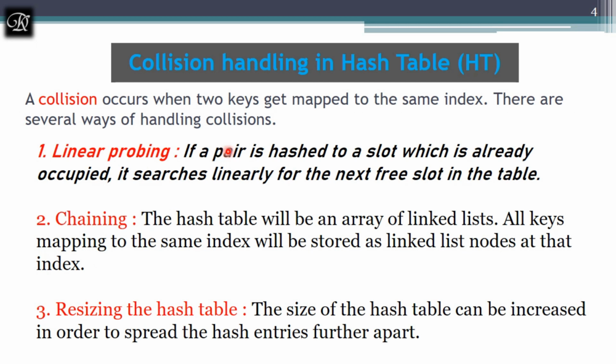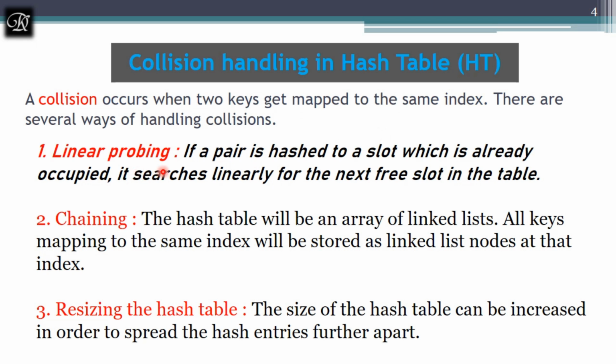Whenever we make an entry in the hash table, there is a chance of collision. A collision is a situation where we get a similar address after applying the hash function to a given key, and there is a chance of overlapping. To avoid this collision, we have many techniques.